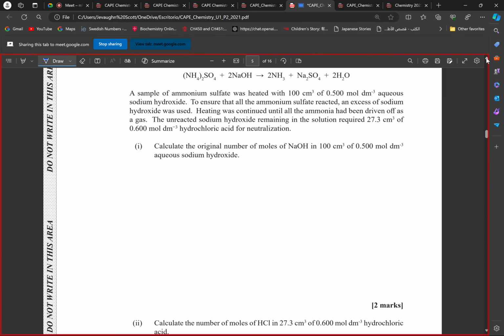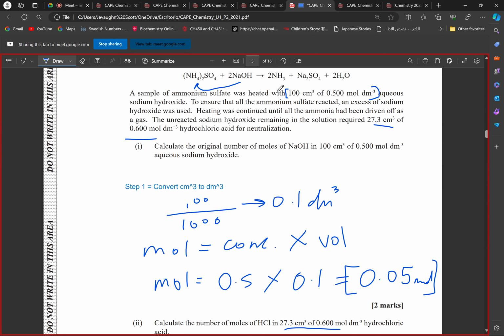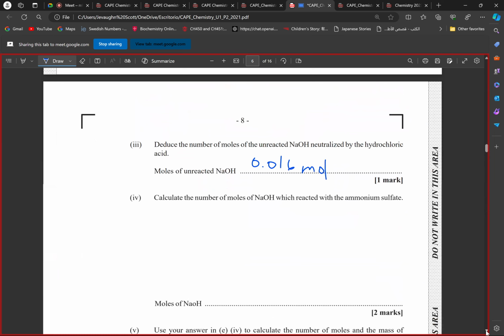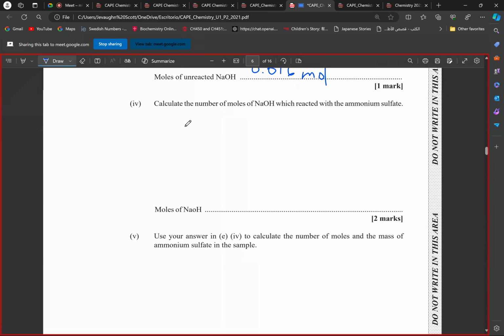So what we did, we added the original amount, and to ensure that all the ammonium sulfate was reacted, we added sodium hydroxide in excess. So now what we're doing is removing the excess in order to get the amount of sodium hydroxide actually reacting. Does that make sense? Yes, sir.